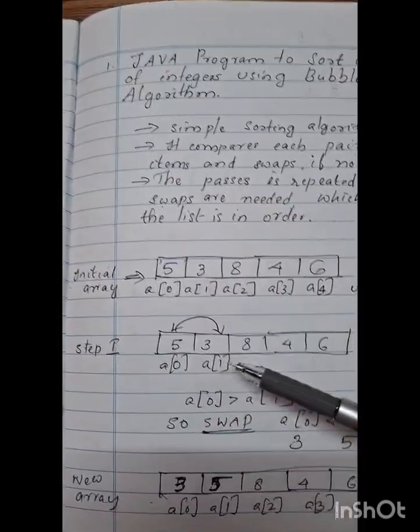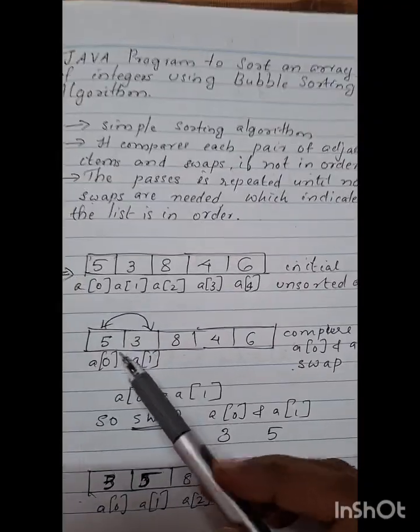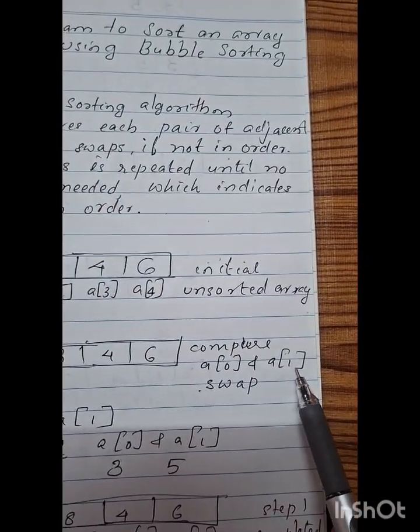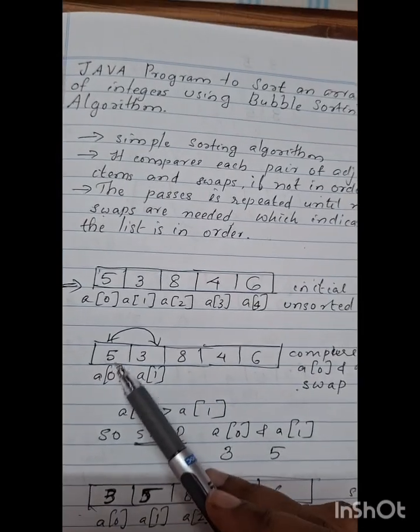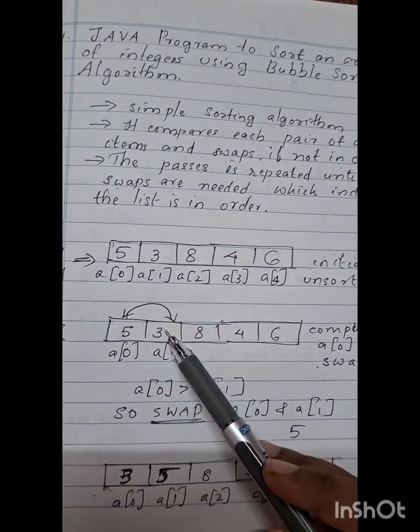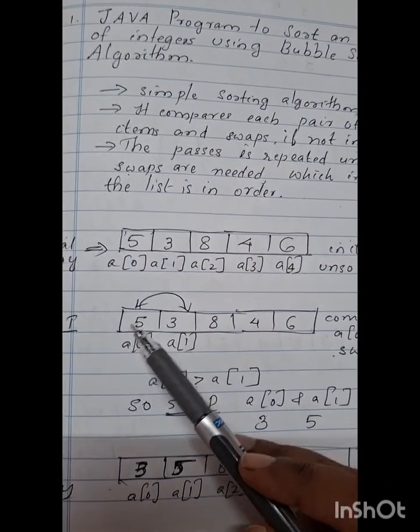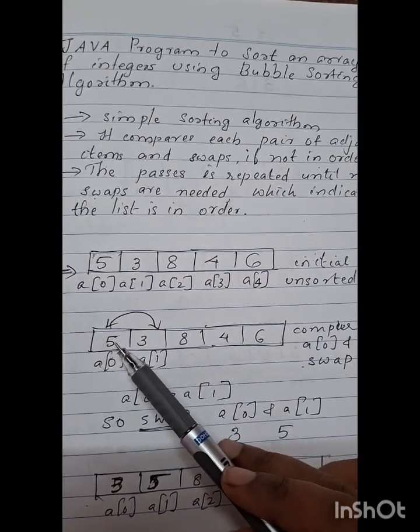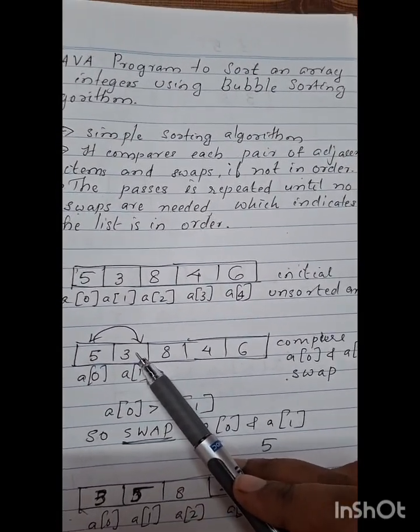Okay, this is step 1. Step 1: compare the first two elements, that is, compare A0 and A1. The A0th element is 5 and the A1th element is 3. Compare 5 and 3, that is, check whether A0 is greater than A1.